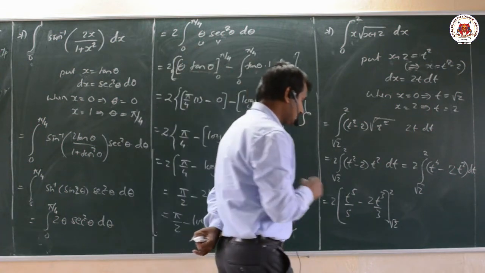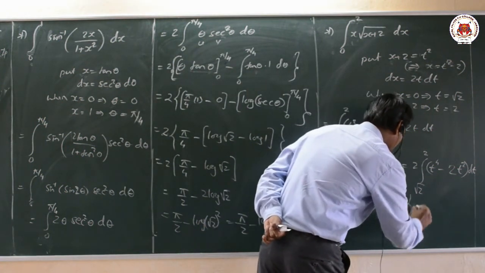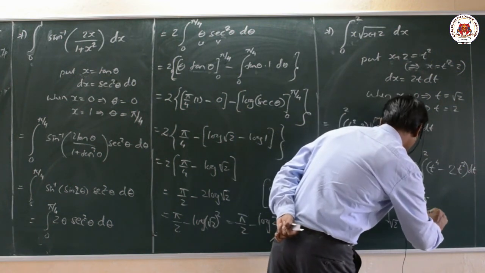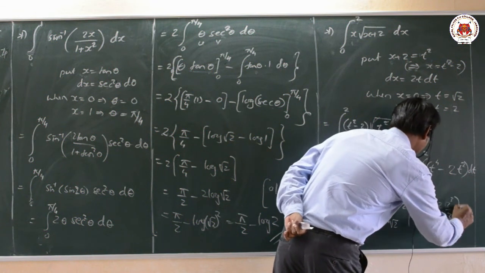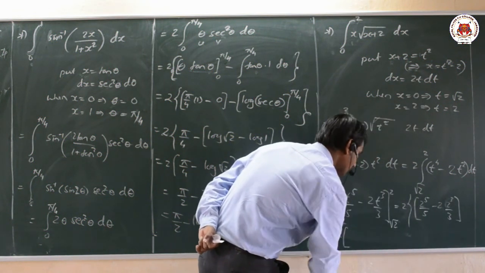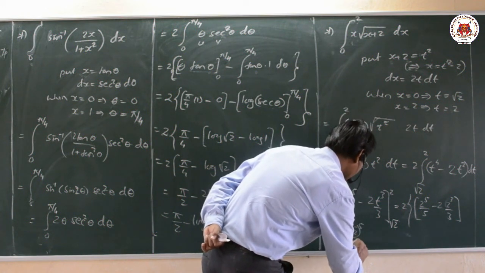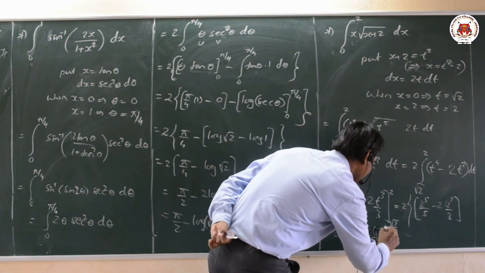For the upper limit we have 2 raised to 5 divided by 5 minus 2 into 2 cubed divided by 3, minus the lower limit, which is root 2 whole to the power of 5 divided by 5 minus 2 into root 2 cubed divided by 3.